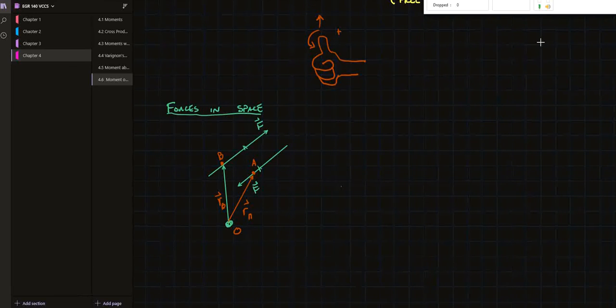Well, if I want to figure out the moments here, if we sum our moments about O, we have RB cross F plus RA cross F. Now we can think of this as minus F, and this is positive F, let's say.